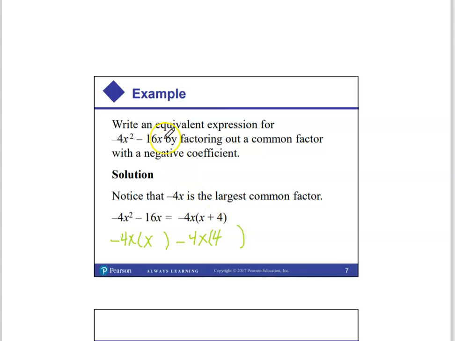Now, if I take an x out of negative 16x, I wouldn't have any x's left. Okay, so if you look at their answer, they've pulled the negative 4x out in the front, and then they've grouped the things that are left, which would be our x and our 4, so x plus 4 would be the resulting answer of that.